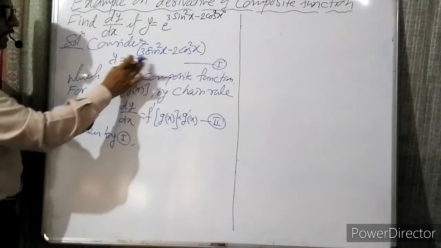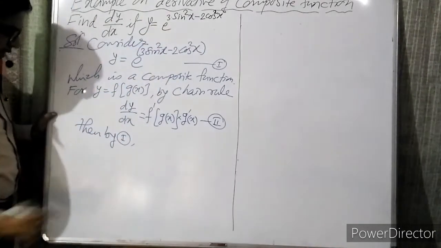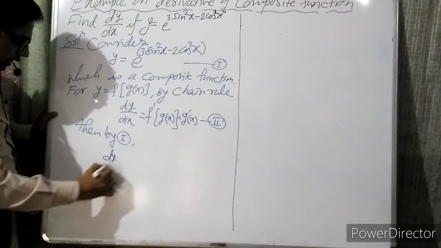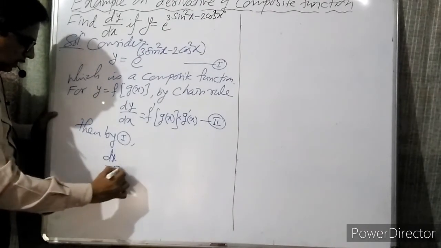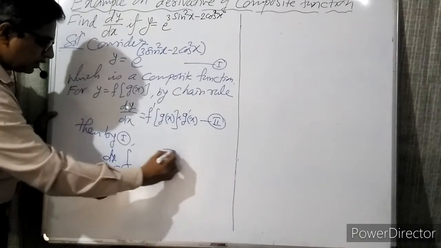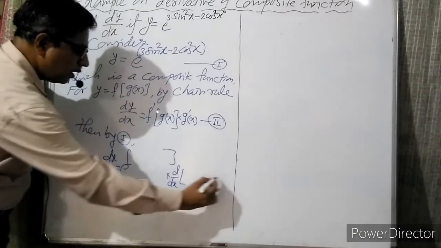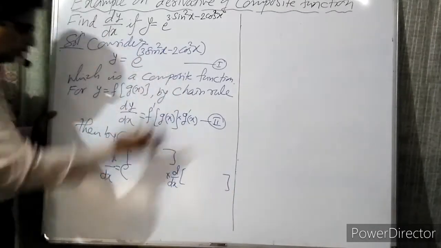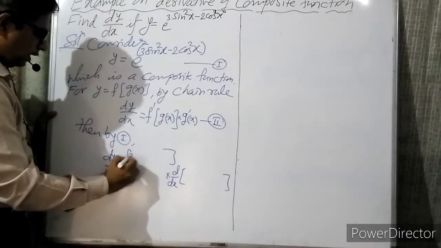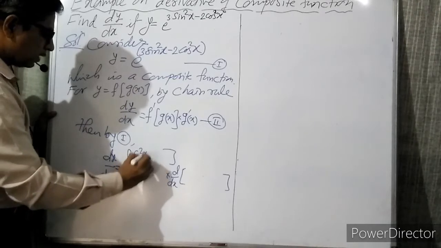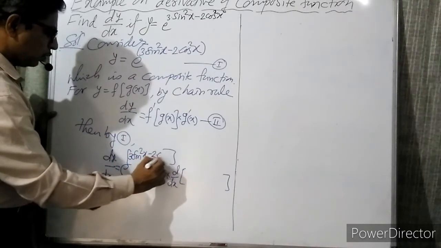Now see, the derivative of outer function e raised to x is e raised to x. So we get dy by dx is equal to e raised to the bracket as it is, into dy by dx of the bracket, and I will write the term inside the bracket. This is 3 sine square x minus 2 cos square x.